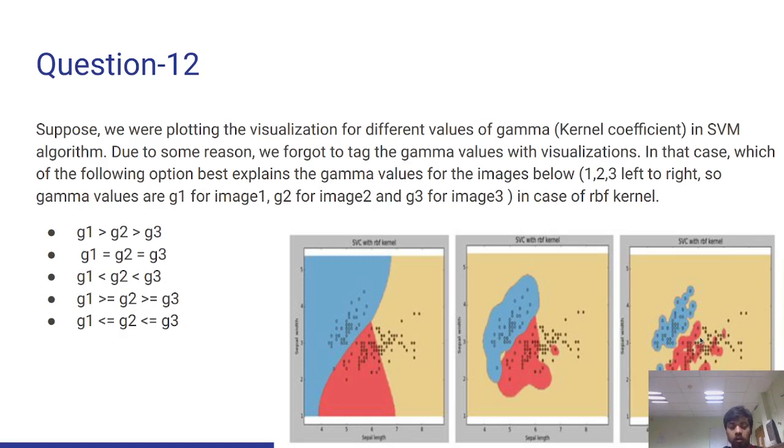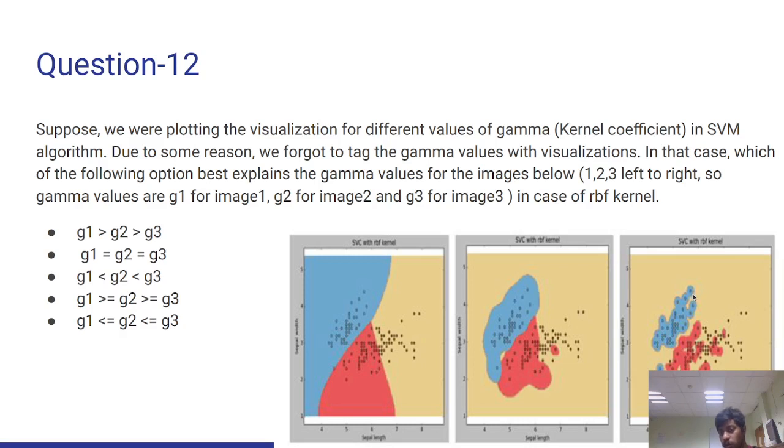The meaning of gamma value is covered in the lecture. Basically, if you set gamma to a higher number, it will overfit, and if you set gamma lower, it will not fit very well. In this case you can see the blue class is overfitting.